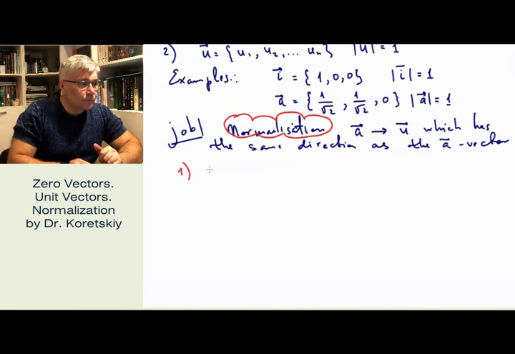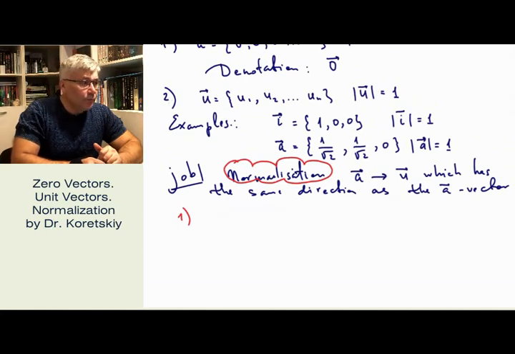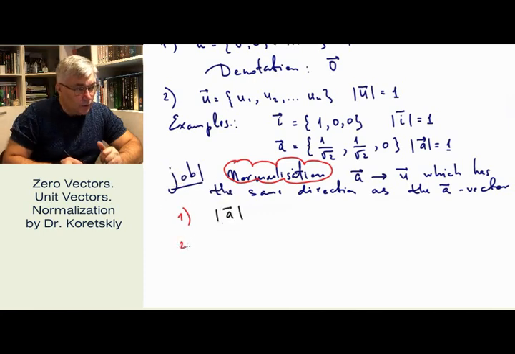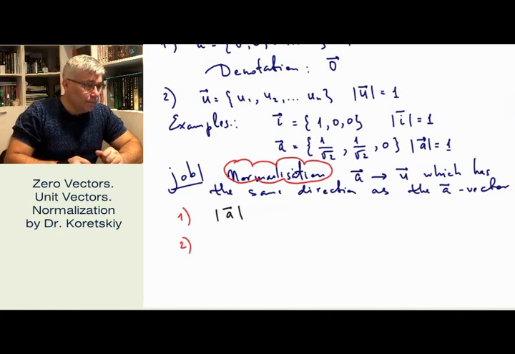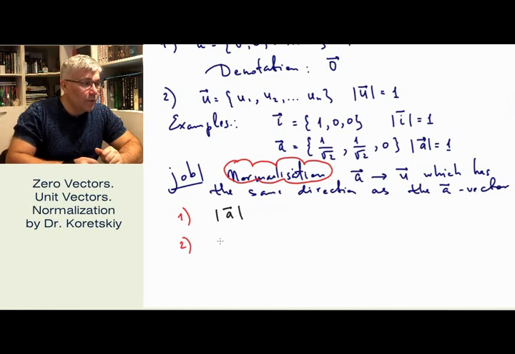First step, calculate the magnitude, and the second step, you multiply your vector by one over its magnitude.